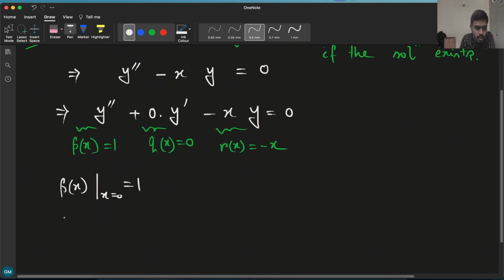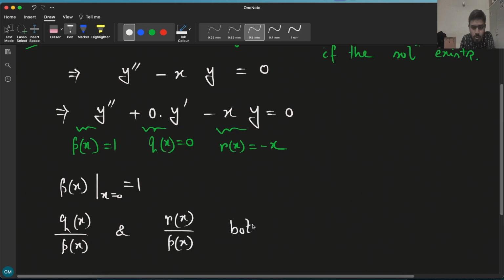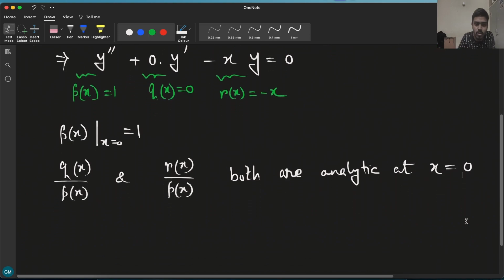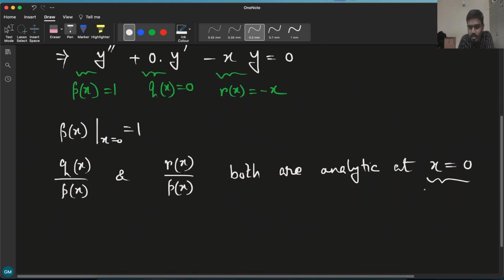So it means Q(x) by P(x) and R(x) by P(x) both are analytic at x equals 0. So that means x equals 0 is an ordinary point.